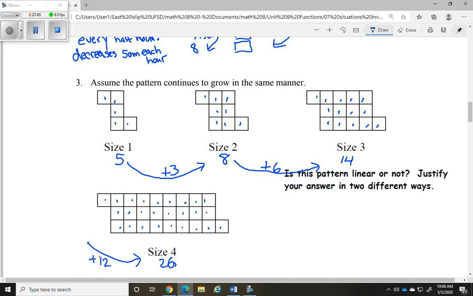Is that a constant rate of change? The answer is no. It's nonlinear because the rate at which the blocks are growing is not constant. I said blocks are growing. We could also say blocks are increasing.